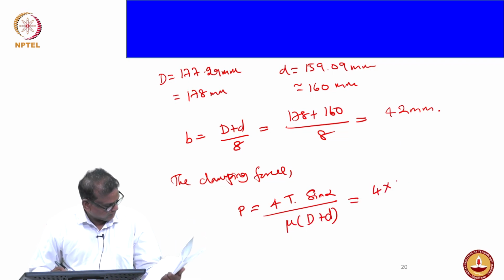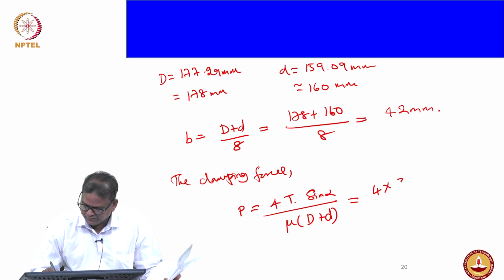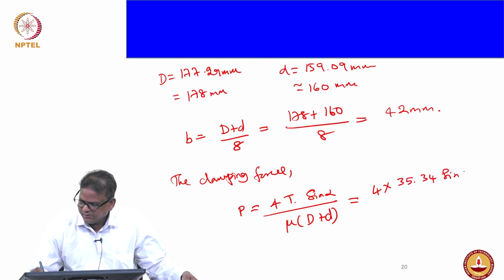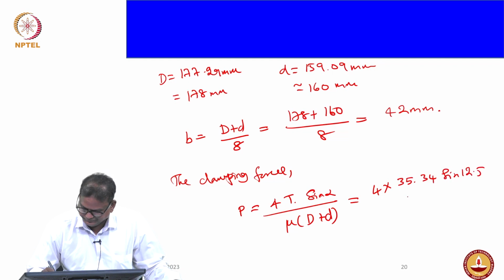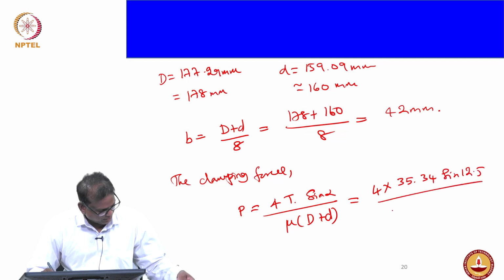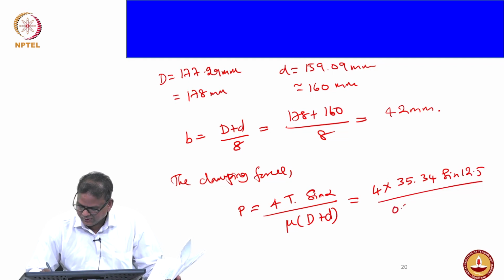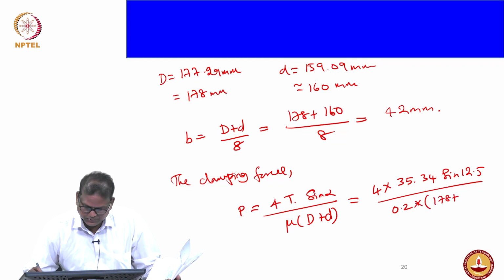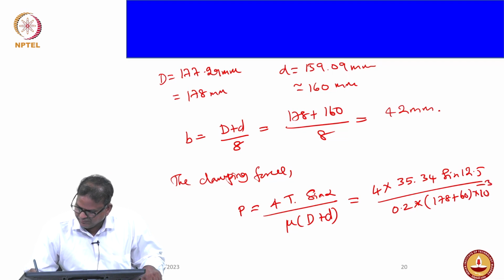The torque we got is 35.34, sin 12.5, mu equal to 0.2, 178 plus 160 into 10 to the power minus 3, converting into meter.